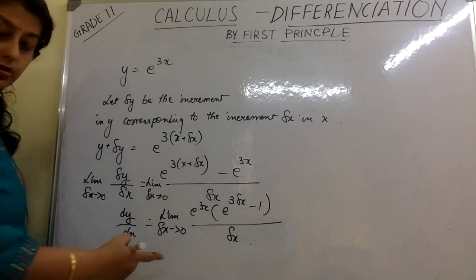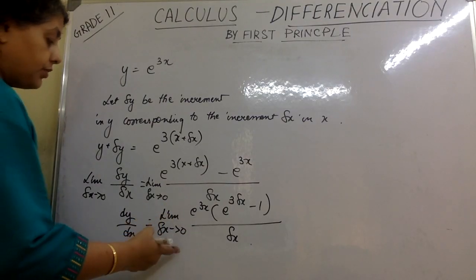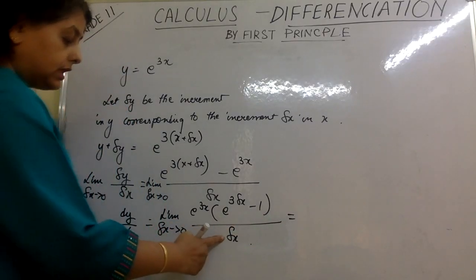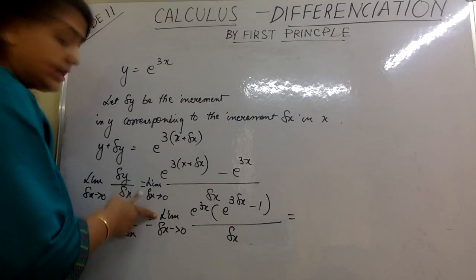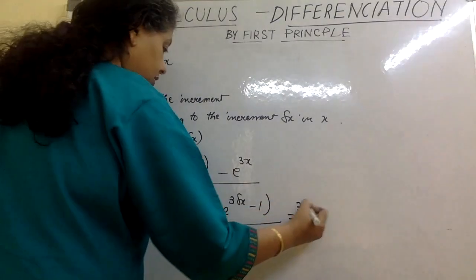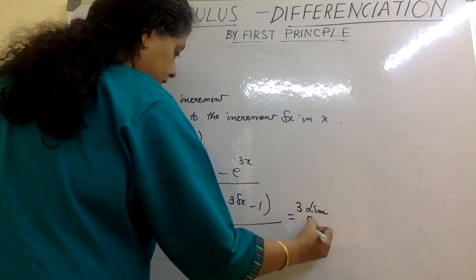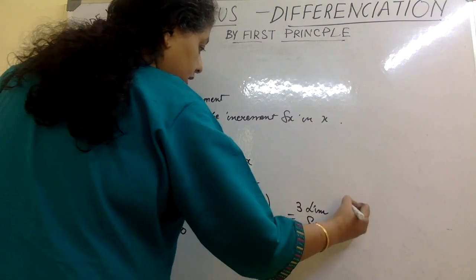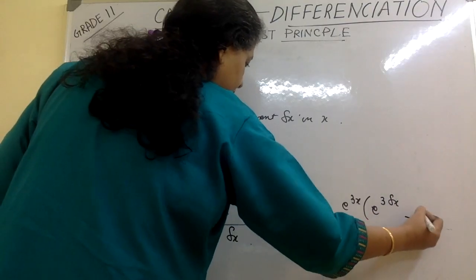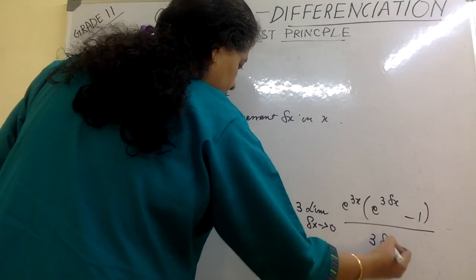Now this is not going to work for any formula. So what I am going to do further is multiply with a 3 here and multiply with a 3 here. That means if you are multiplying a 3 here, you have to multiply 1 here also. So 3 limit del x tends to 0, e to the power 3x, (e to the power 3 del x minus 1) by 3 del x.